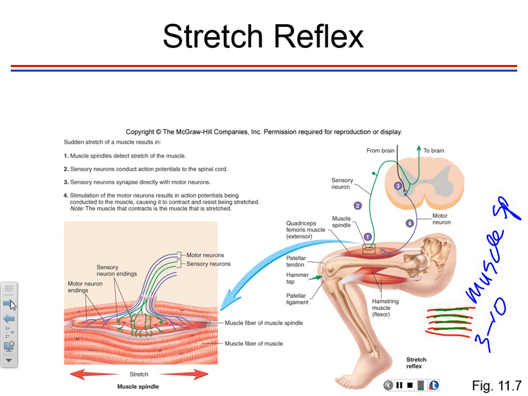That's the receptor, and we know about muscle spindles, right? We did it when we did proprioception back then. Muscle spindles will show you the location of your body part because the degree of contraction or the degree of stretch in the muscle shows exactly where my hand is.